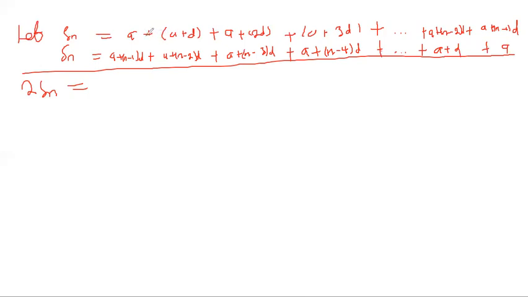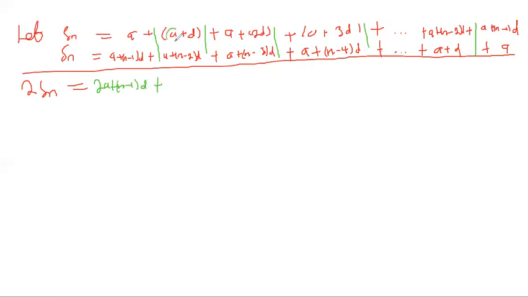So we are going to add this first, then this, that, and that. Here we have a plus a, that would give us 2a, then plus n minus 1 times d.